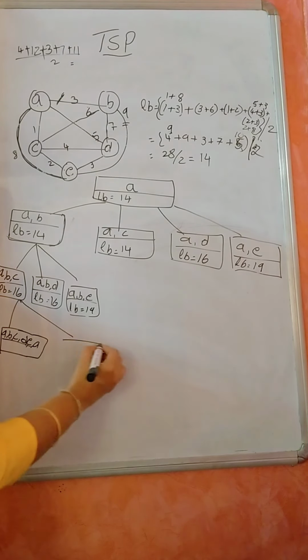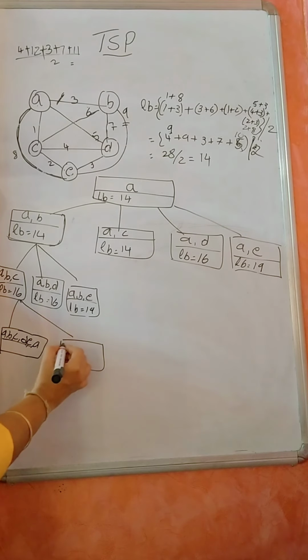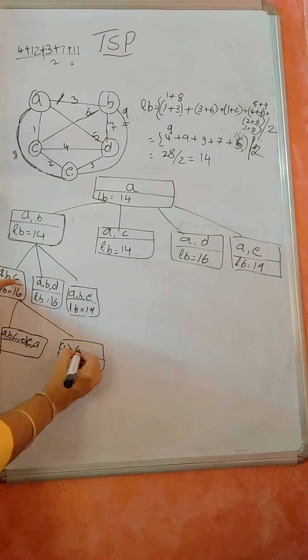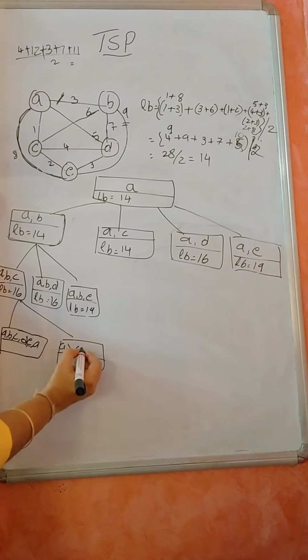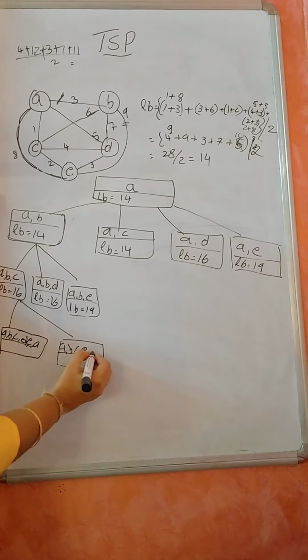One more option from here: A to B is fixed, B to C is fixed, and then from C to D I have travelled. So what is the option here? C to E, go to D, come back to A.